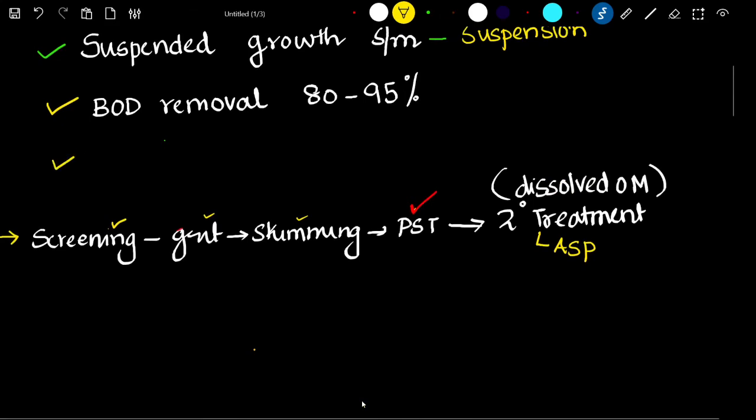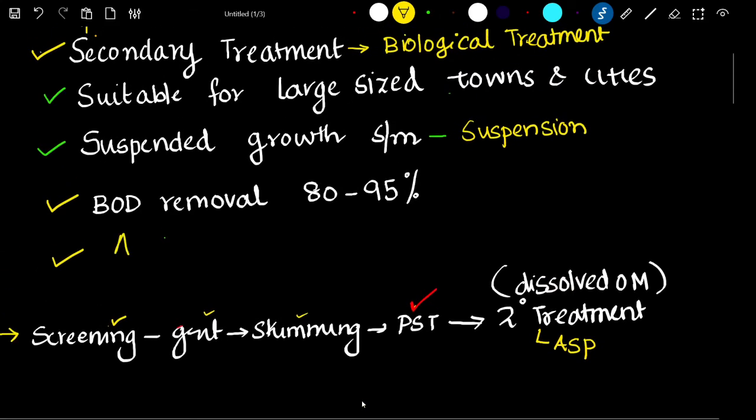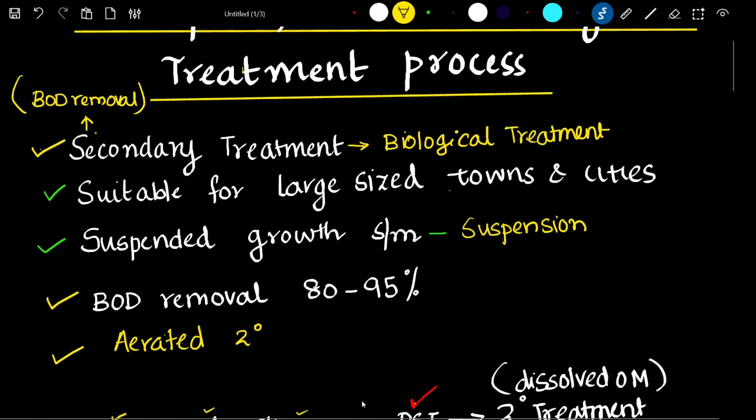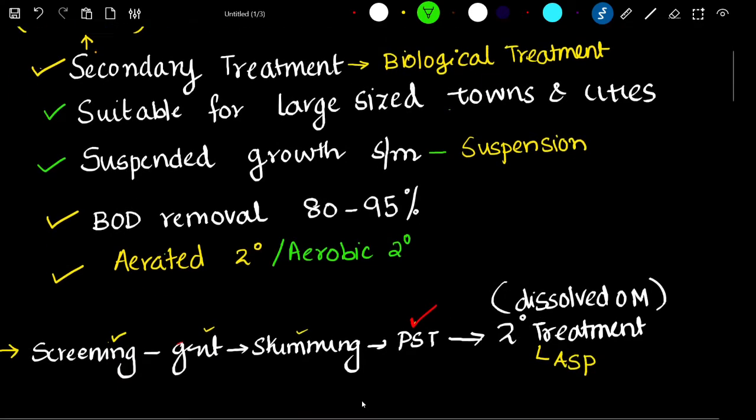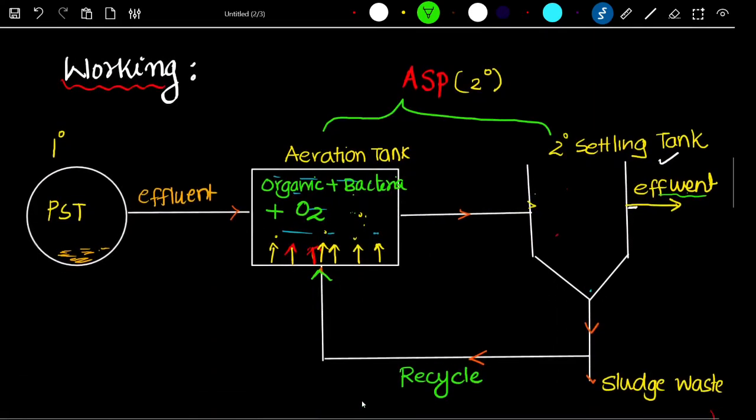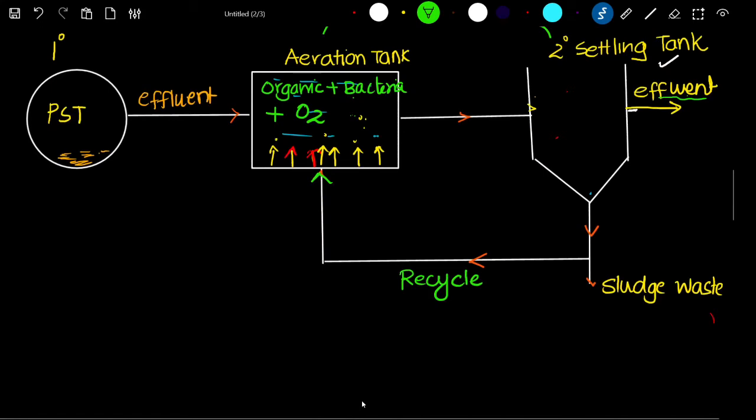So you can say that an ASP system is an example of an aerated secondary system, or an aerobic secondary treatment system, because here the bacteria which are working are the aerobic bacteria.